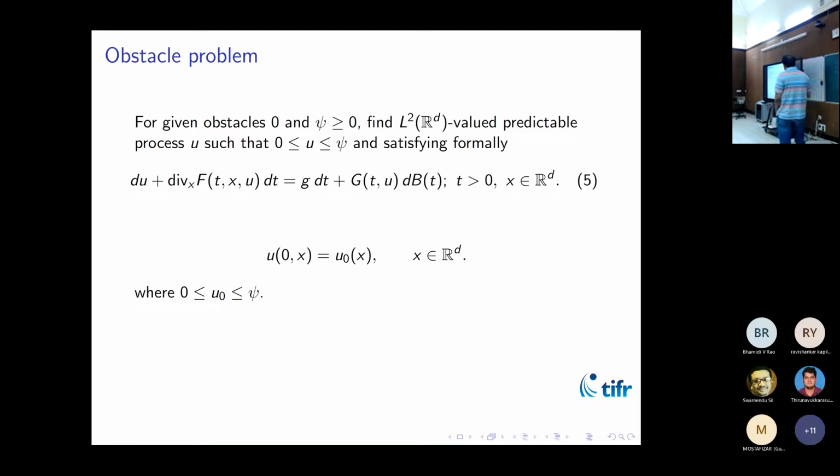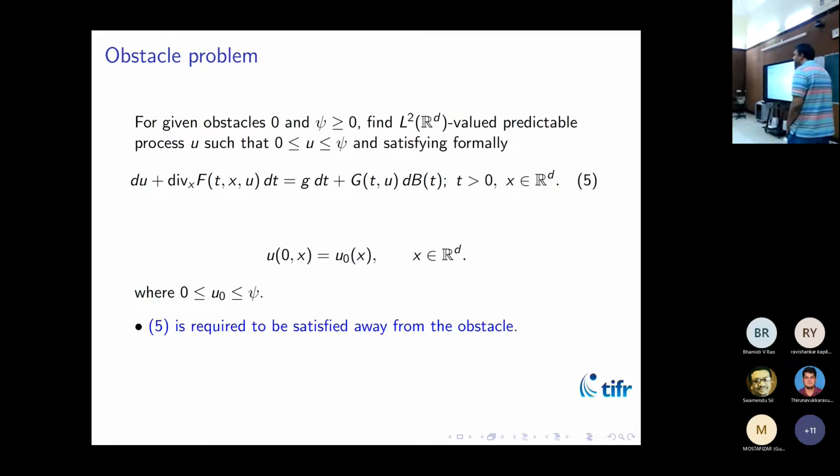Here we are not exactly talking about partial derivatives anymore. The right-hand side terms are separate notions and make sense only as Itô integrals. So when you say that this PDE is satisfied away from the obstacle, it is not very clear what it means. We'll come to that.